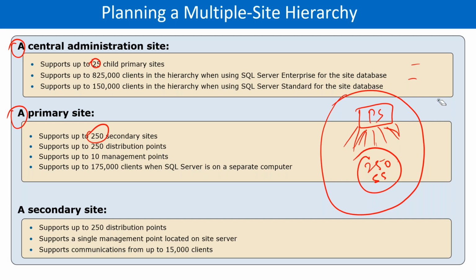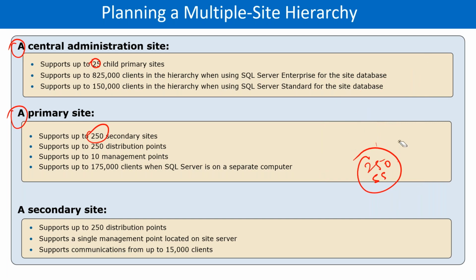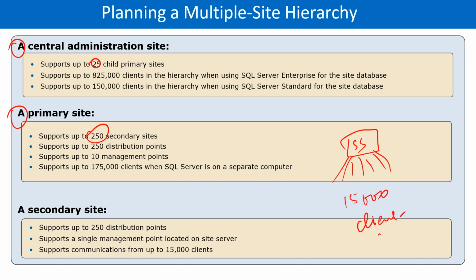Okay, and a secondary site can support up to how many? 15,000 client computers. Okay, that is about the secondary site.